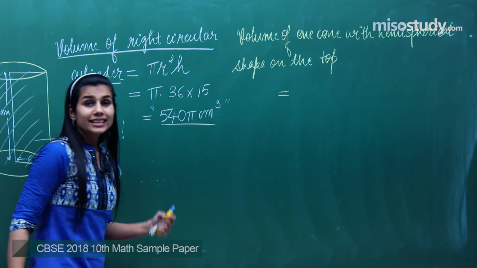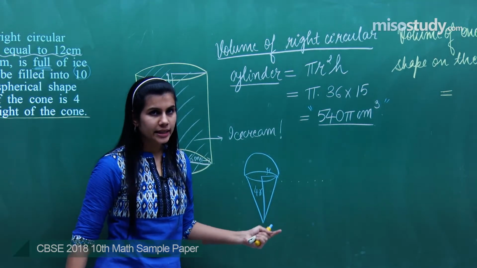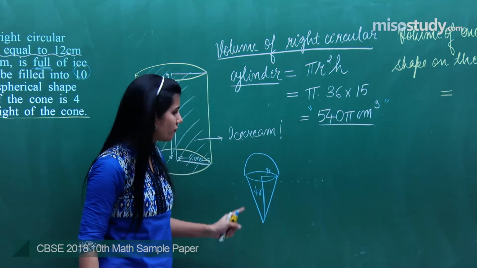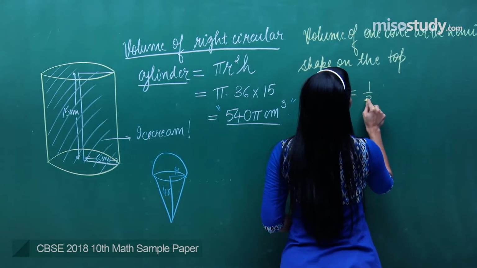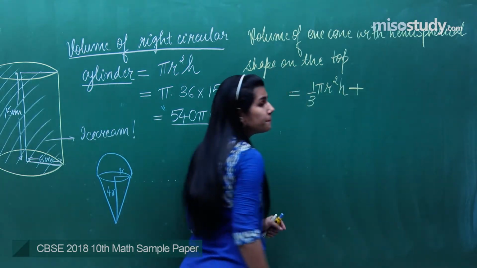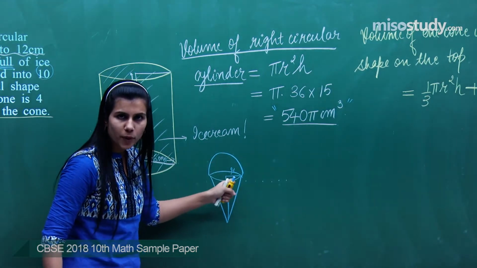That means the entire space present in the cone will be filled with ice cream. The space present is dependent upon the volume of the cone. What is the volume of the cone? 1 by 3 pi r square h, plus some more space provided by the hemispherical shape on the top.